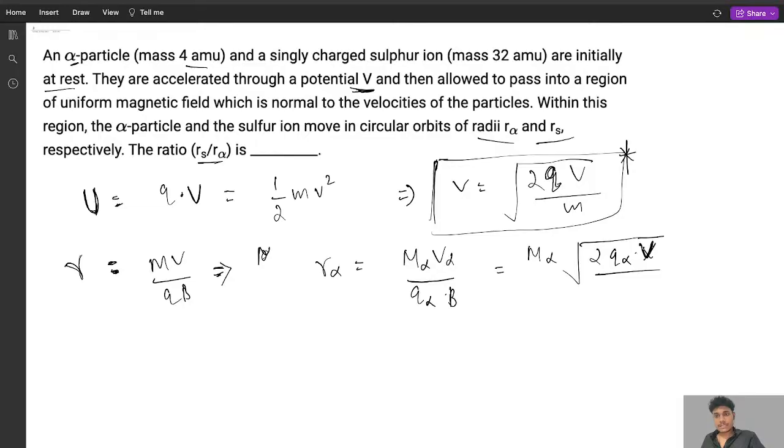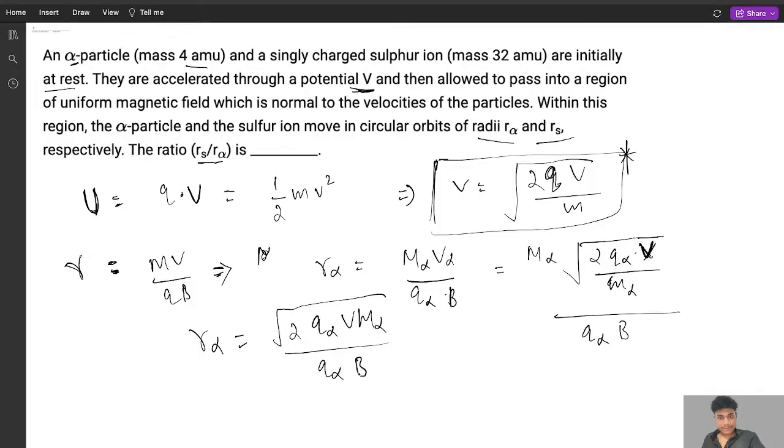Don't confuse voltage and velocity, upon m of alpha particle, upon q alpha into b. From here we get r of alpha particle. Any doubt? No. Okay. If you solve this, we get root of 2 q alpha v m alpha upon q alpha into b, right?